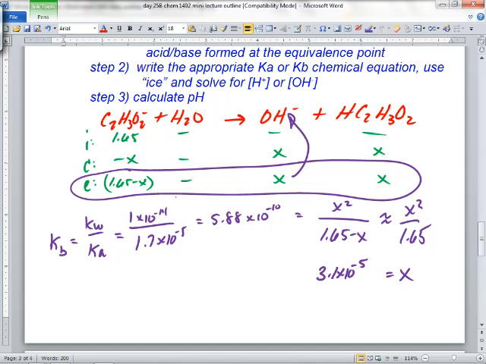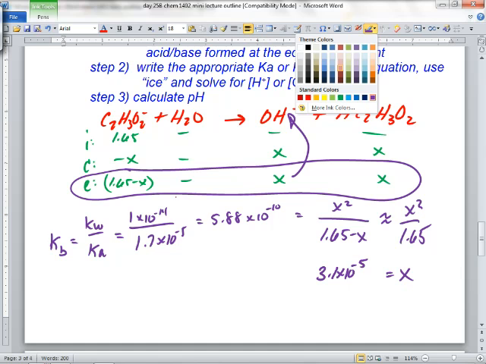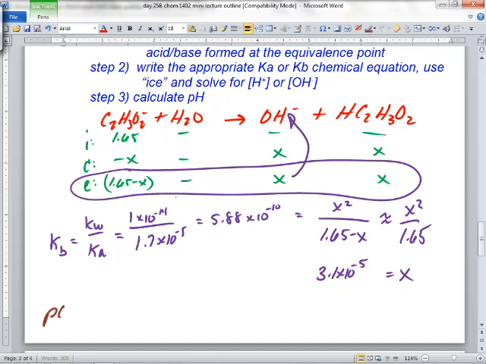Realize that's your hydroxide concentration. pOH, and then you can get pH. 0.51.